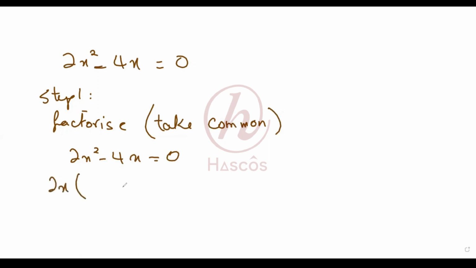When we divide 2x square by 2x, we're only left with an x. And when we divide minus 4x by 2x, we're left with a minus 2. Then we close the bracket and copy equals 0 as it is.